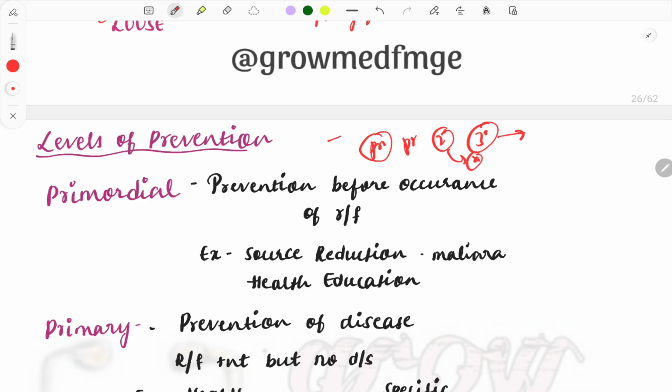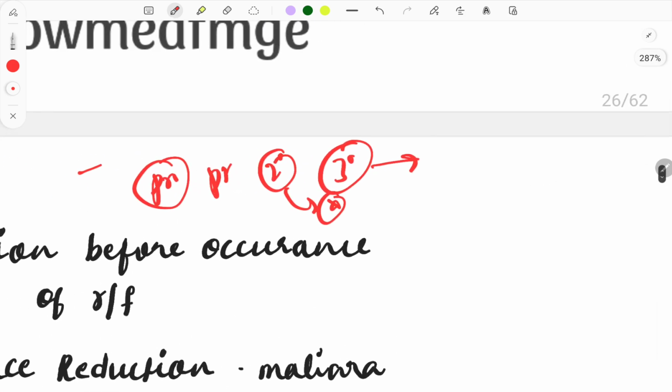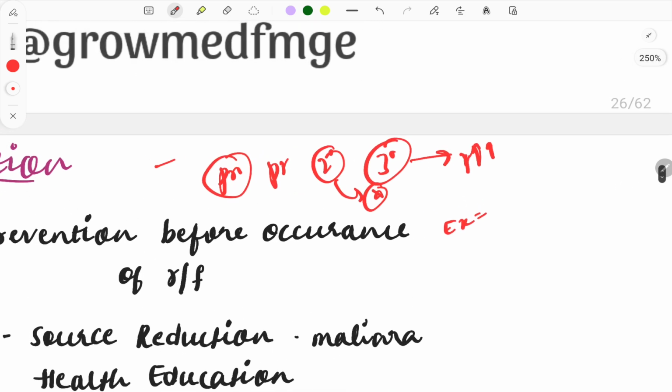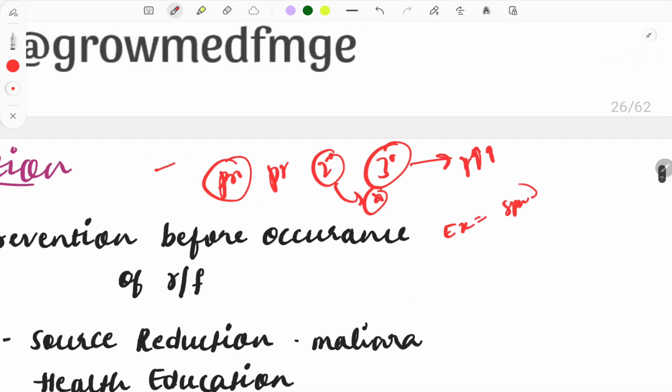And in tertiary, the disease has already started and it's slowly progressing, and our aim is to reduce the progress and reduce the complications that will occur because of the disease. So questions are asked giving various examples, like wearing of spectacles, it is tertiary. And the screening tests, so pap smear, then mammography, all those things come under secondary.